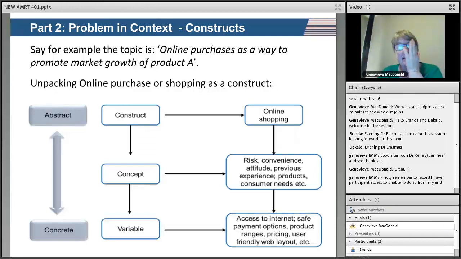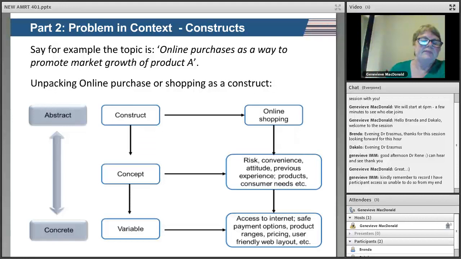What it means is that online shopping actually has a lot of variables. So if I talk about online shopping and I want to use that, I have to break it down into its components, into the variables that feed into everything that is online shopping.